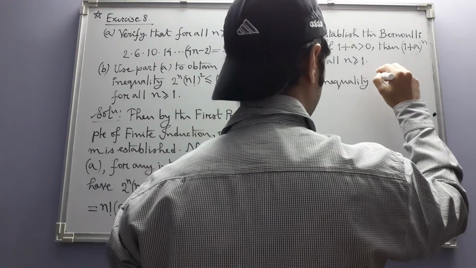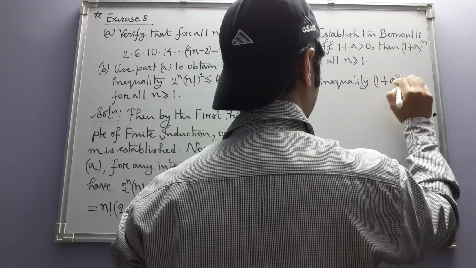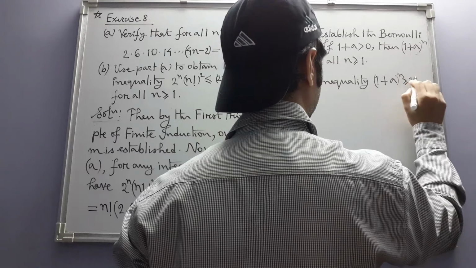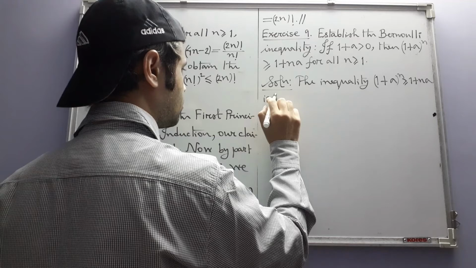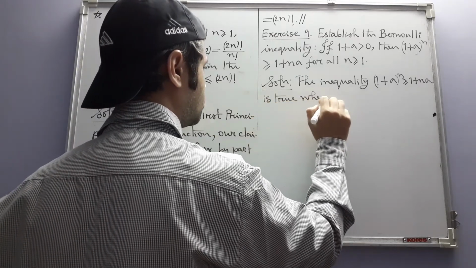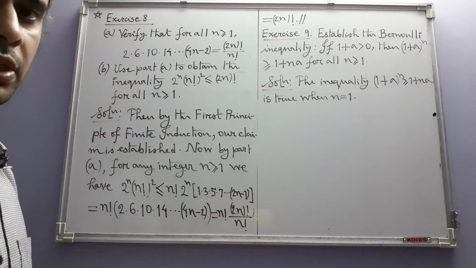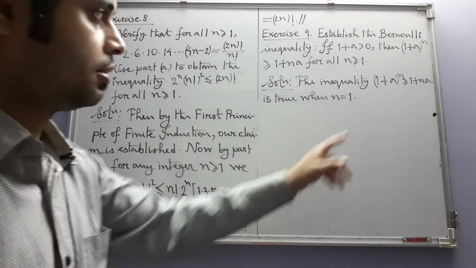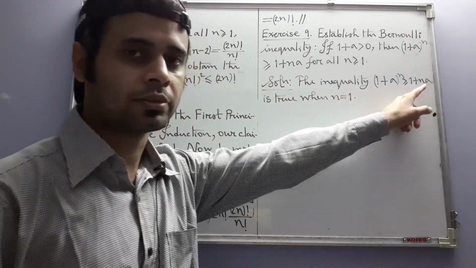The inequality is true when n is equal to 1. In fact, in this case it just becomes an equality. The left hand side becomes 1 plus a, the right hand side also becomes 1 plus a.